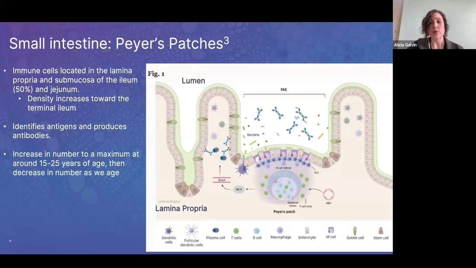Our numbers of Peyer's patches increase as we age until about the age of 25, but after that the numbers actually start to decrease. So if we think about the immune system dysregulation that can happen as people age, part of it can be through this decrease in Peyer's patches.